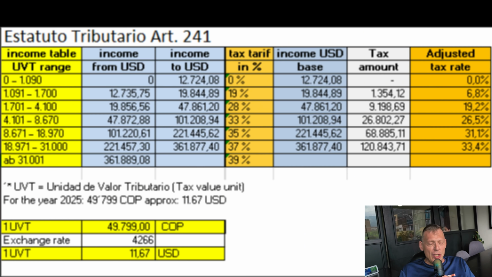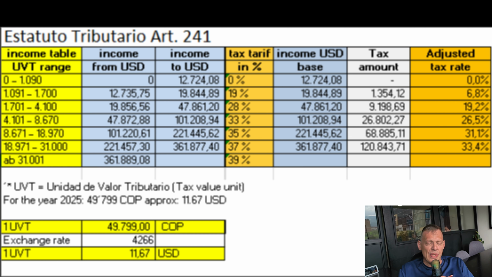On the first spreadsheet, we see in the first column the so-called UVT range, and this is a tax value unit that is used in Colombia, and each unit has a value of 49,799 pesos. These are more or less $11.67. So I converted it so that you can also imagine something with this number in US dollars.